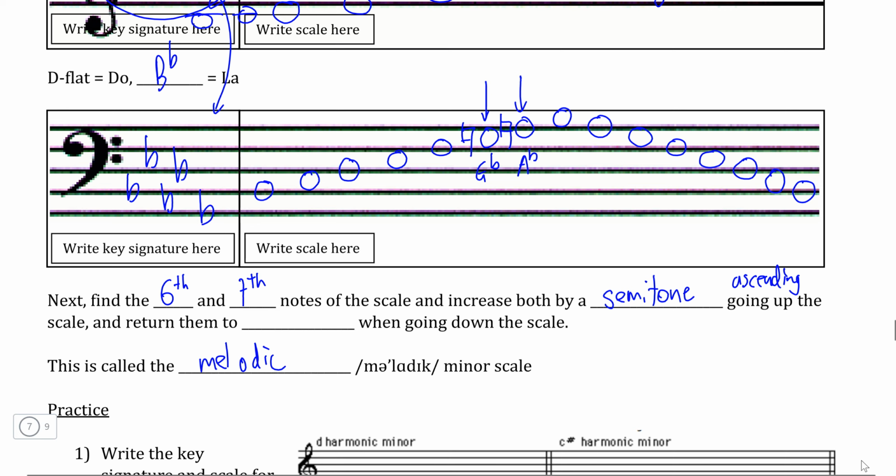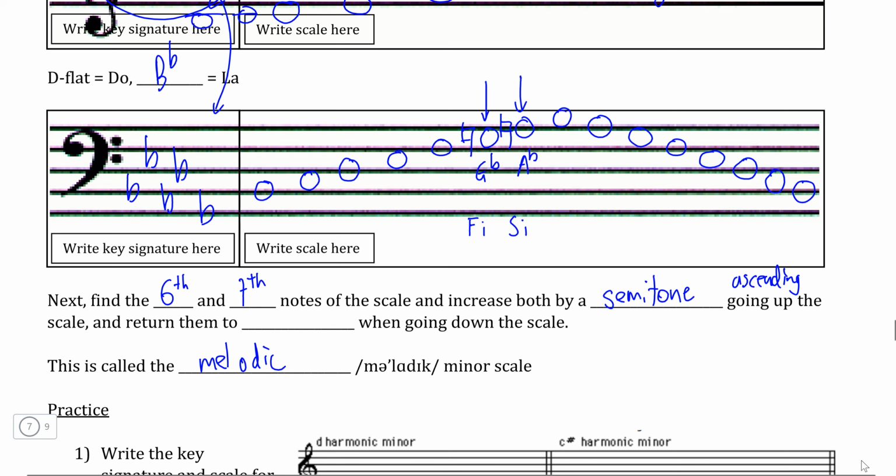And if we were to sing this with modified solfege syllables, it would sound something like this: La, ti, do, re, mi, fi, si, la. So the raised version of fa is pronounced fi instead, and the raised version of sol is pronounced si instead.